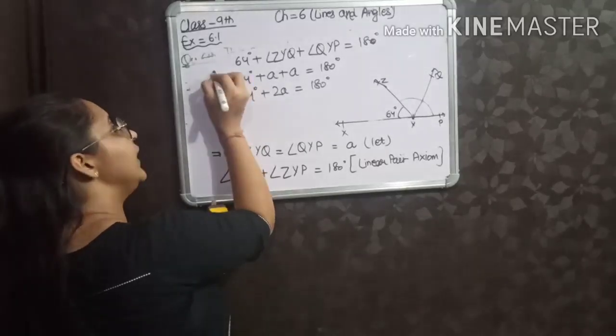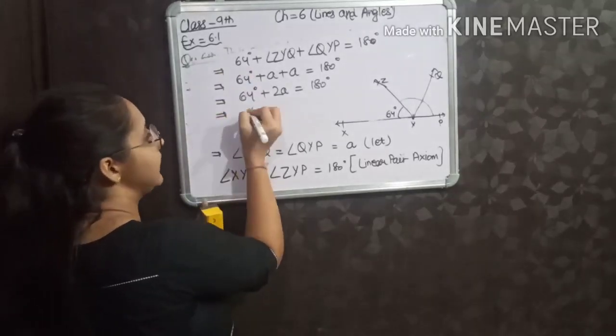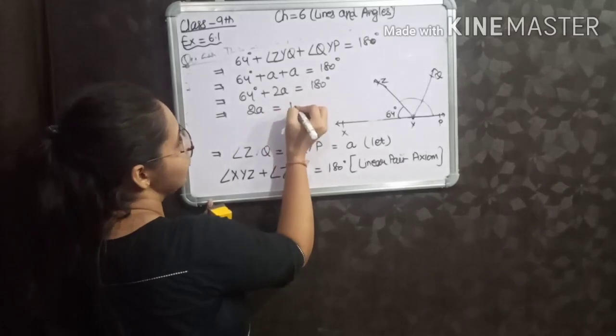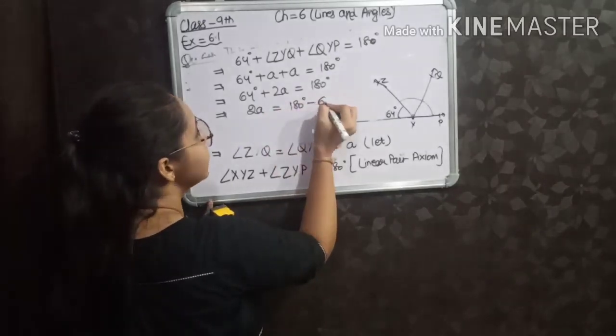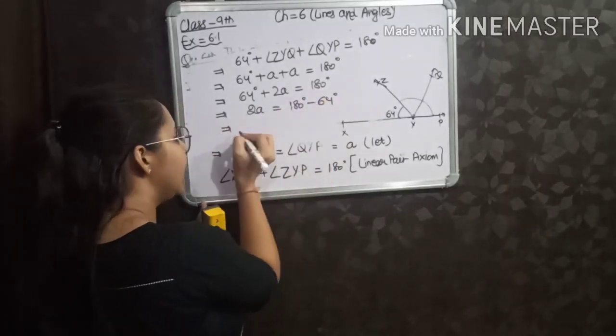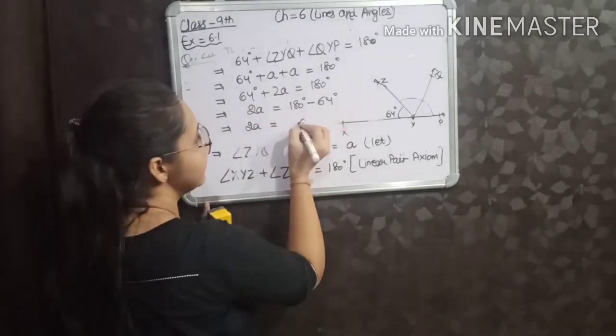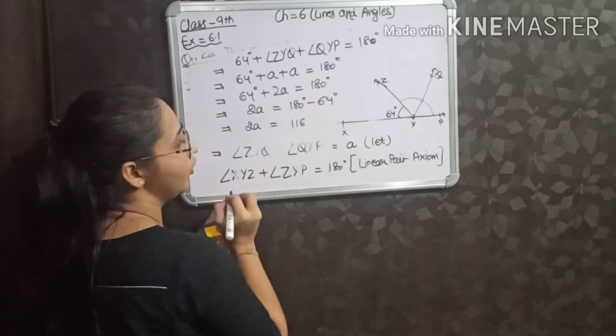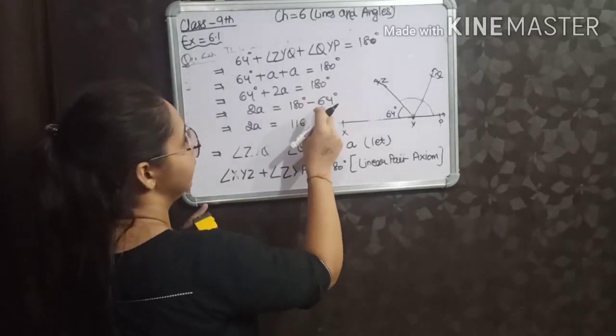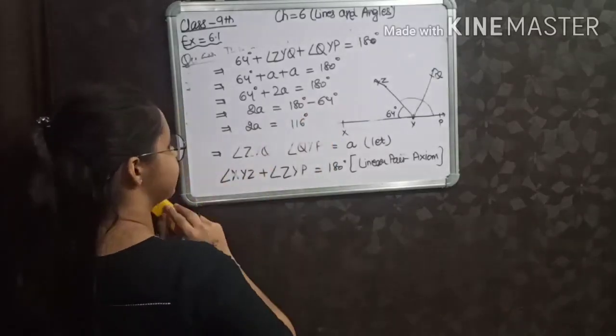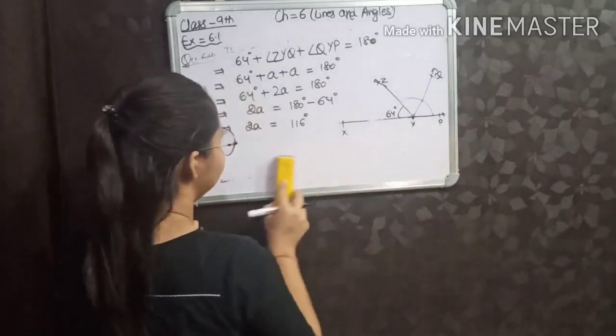Now 2A is equal to 180 degrees minus 64 degrees. It implies 2A is equal to 116 degrees.